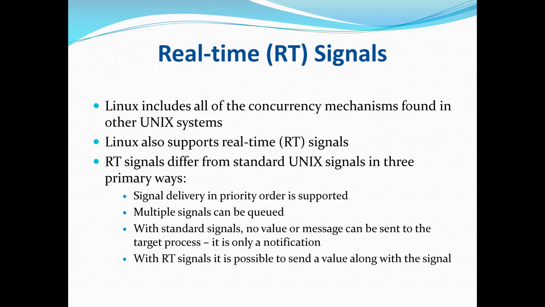Real-time signals differ from standard UNIX or POSIX.1 signals in three ways. One, signal delivery in priority order is supported. Also, multiple signals can be queued. And with standard signals, no value or message can be sent to the target process.